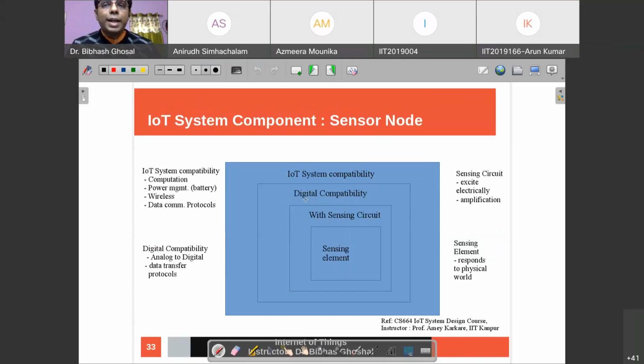Now, if we can formalize what exactly we got as an understanding of the sensor node, we see that there are basically 4 components in that. One, which is sitting right at the bottom or at the most innermost part of this node, is responsible for connecting to the physical world and capturing the data. We call that the sensing element, the actual physical process that is involved. Now, along with that, we need some kind of a sensing circuit, which is surrounding or enveloping that, which is basically for excitation and amplification.